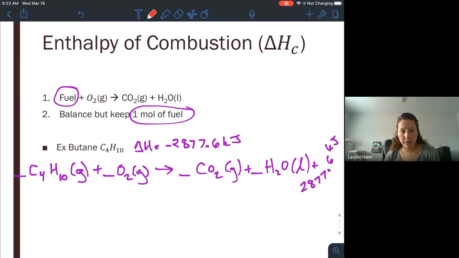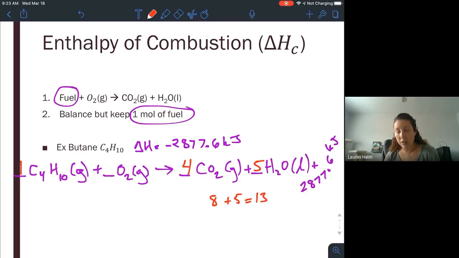Now we're going to balance it. We must have 1 of our fuel. So we have 4 carbons. We need 4 carbons. I need 10 hydrogens, so we'll put a 5 over here. Now I have 5 times 2, 10 hydrogens. Now I need to balance my oxygens. 4 times 2 is 8, plus 5.